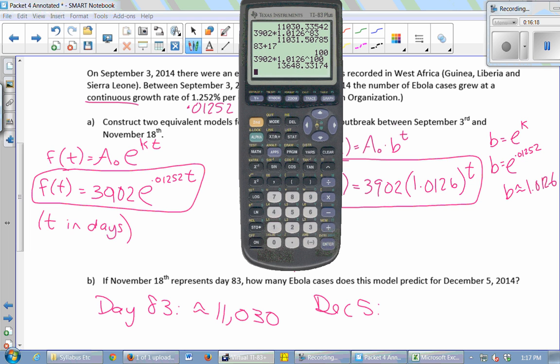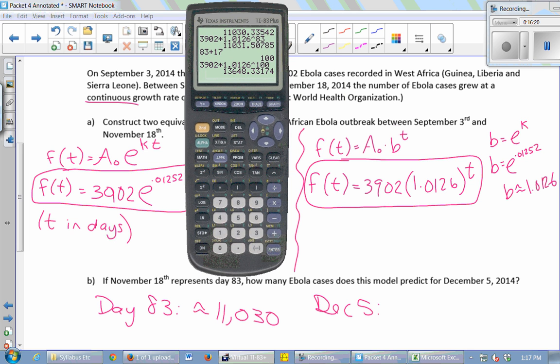And this model, the times b to the t model, gives me about 13,650. And my other model should be equivalent. Let's just double check. Instead of 83, I'm going to put 100. And 13,650 approximately. They're off by 2.